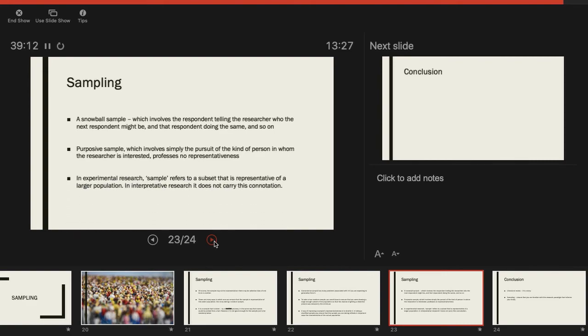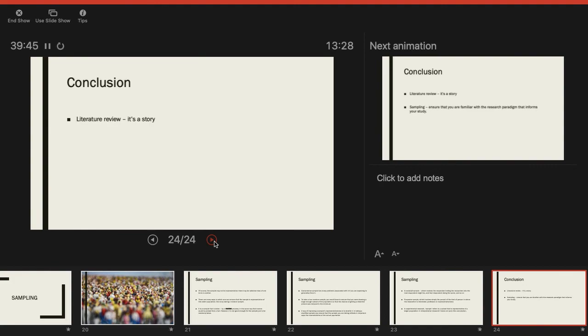Okay, so just back to what I was mentioning earlier, in experimental research, the sample would be seen as a representation of the larger population. But with interpretive research, we don't carry this connotation because we don't generalize. So we're just looking briefly at sampling.